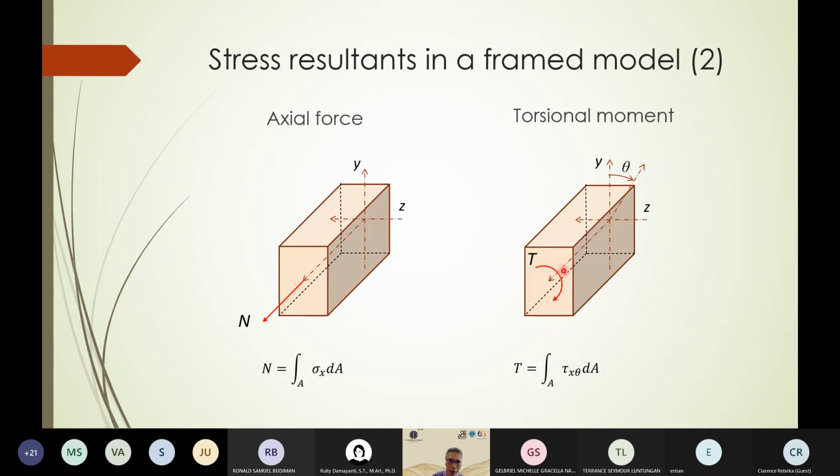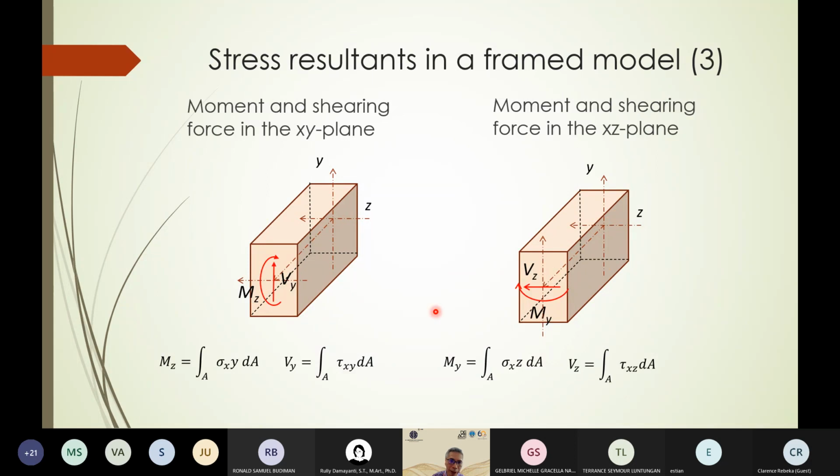This is the torsional moment that makes the member tend to rotate about this axis, the longitudinal axis. And then this is the bending moment and shear. If we have bending moment, there will always be shear. This is bending moment and shear in the other direction.